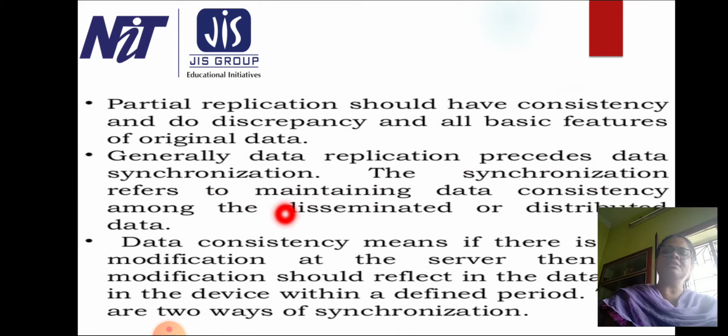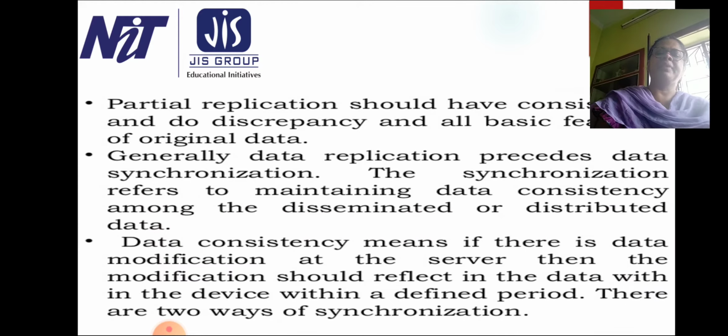The synchronization refers to maintaining data consistency among the disseminated or distributed data. Data consistency means if there is data modification at the server, then the modification should reflect in the data within the device within a defined period.